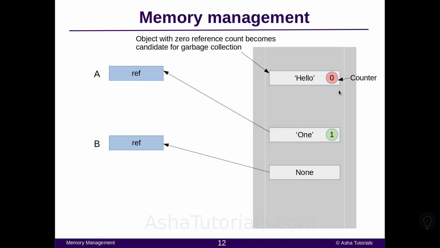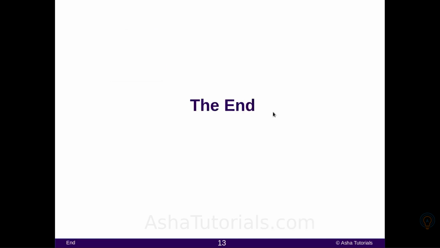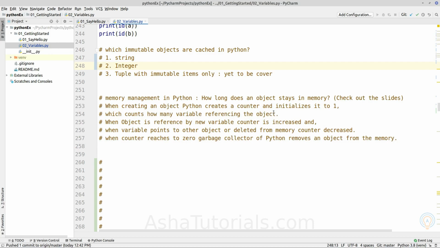When garbage collection runs, it may be reclaimed from the memory. And objects which are referenced by any variable, with a counter greater than 0, will remain inside the memory. And that brings us to the end.